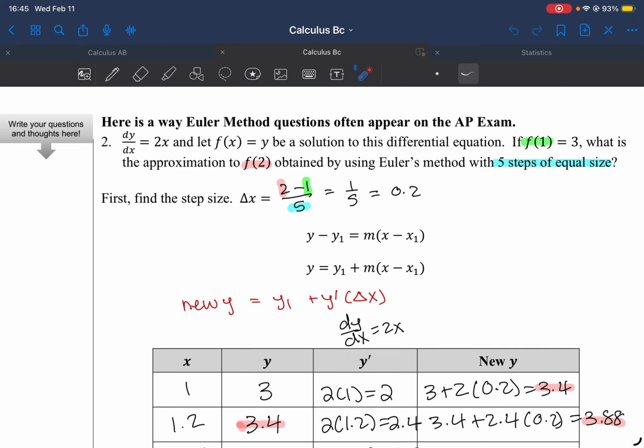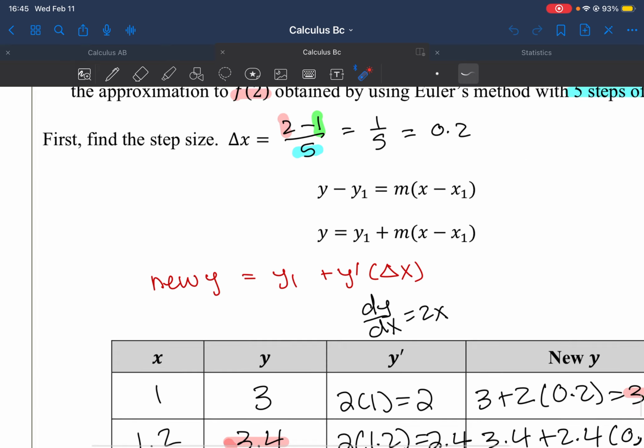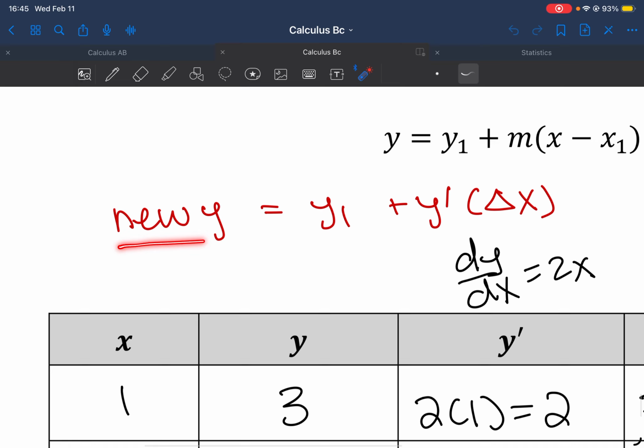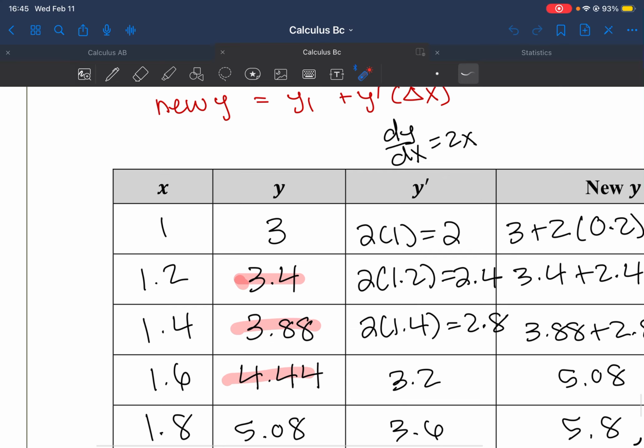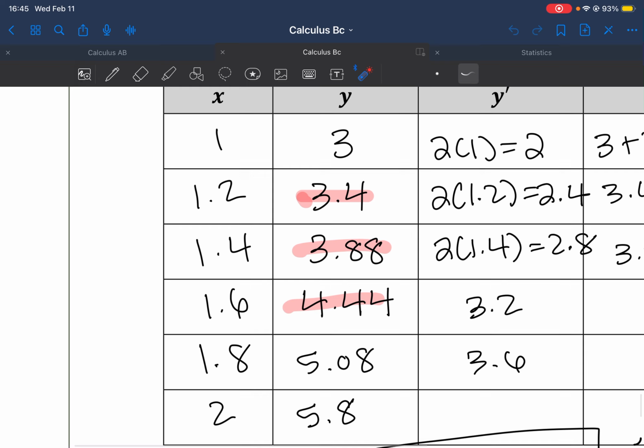Using the idea of the point slope formula for the tangent line, this actually leads me to my formula for Euler's method, and that is new y is equal to y1 plus y prime times the change in x. So when I fill in this table here, notice that my x's, I started with 1 because I was given that f of 1 is equal to 3.